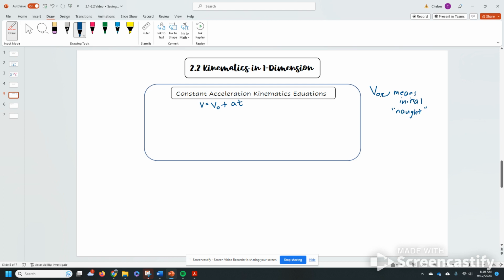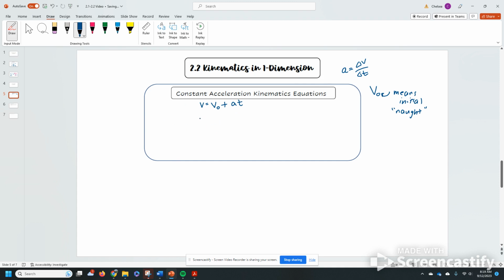Naught is the word for that little symbol there, and it just means initial. That first equation is actually just our acceleration equals change in velocity over change in time, just rearranged. Okay, so that's our first equation.